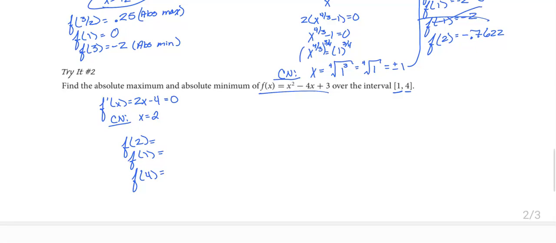When I plug in the 2, I get a -1. When I plug in 1, my y value is 0, and when I plug in 4, my y value is 3. So this is my minimum y value, so this is going to be my absolute minimum. This is the biggest y value, so this corresponds to the absolute maximum.